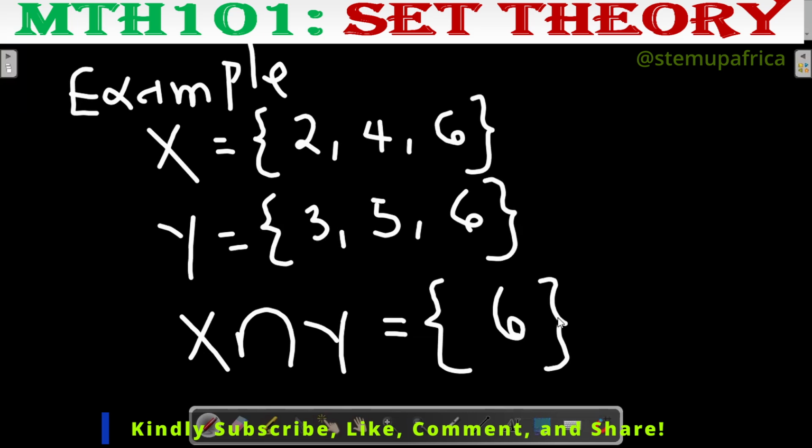Under the types of set, check towards the end. We said something about a set that has one element. Check it.